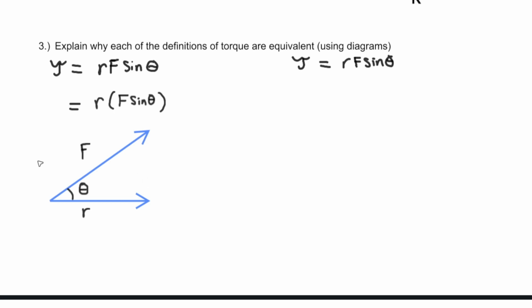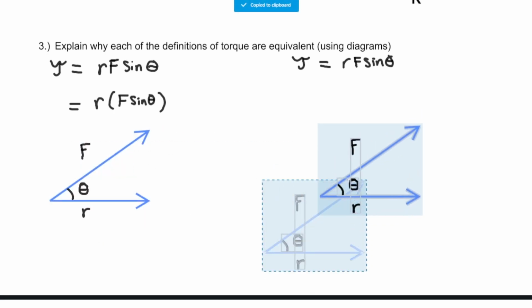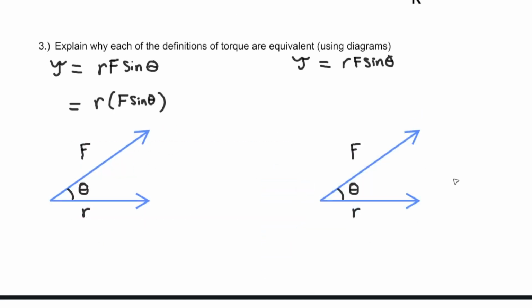And before I lose all this lovely stuff, I'm just going to copy it on over, because we're going to need it later. So what is F sine theta? Well, F times sine theta would give the length of this purple line right here. So this is equal to F sine theta.